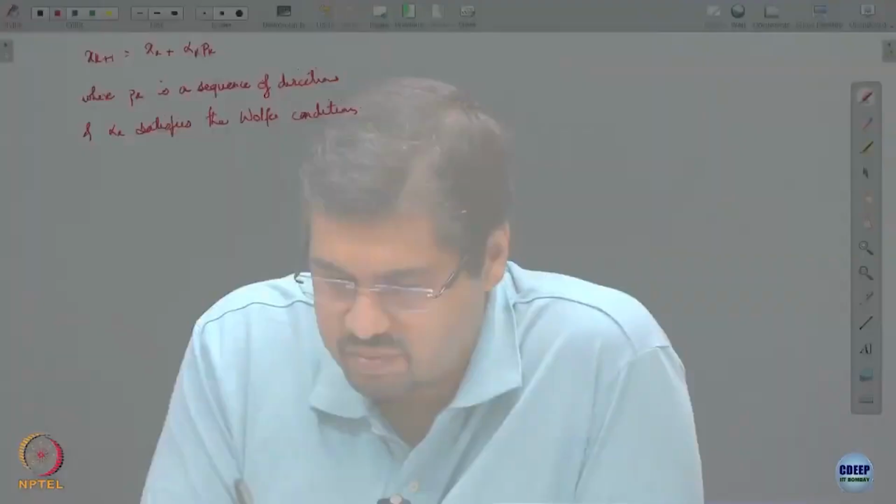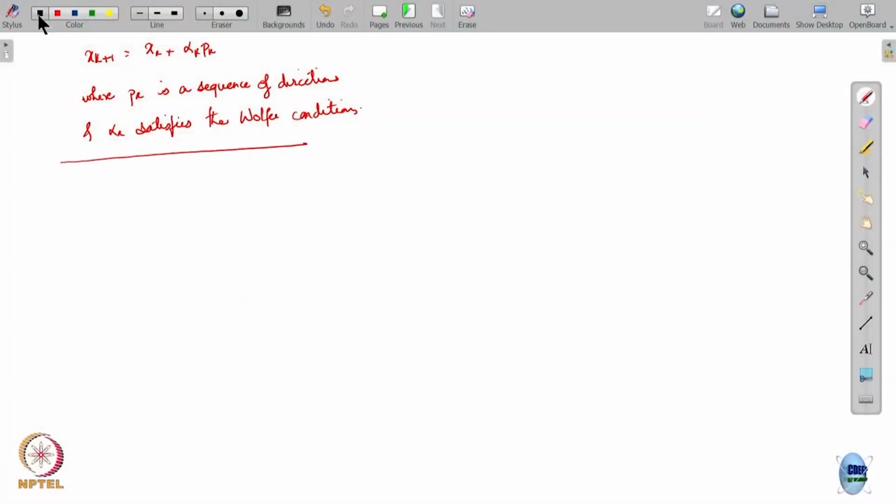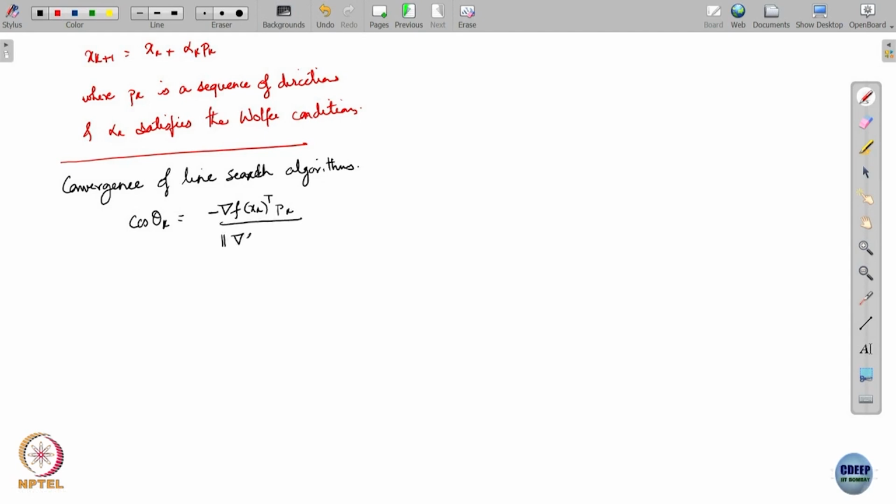So that brings us to this topic of convergence of line search algorithms. Now define cos theta k as the cosine between the negative of the gradient of the function and p k.